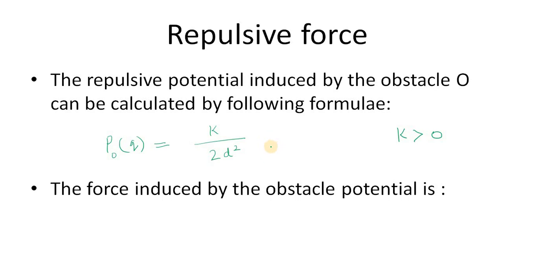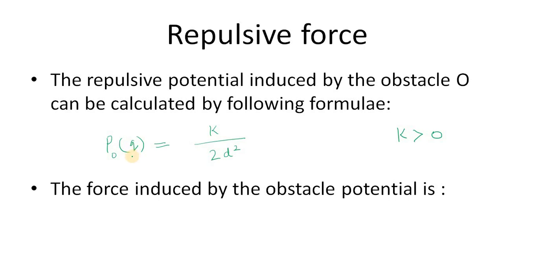And d is the distance between your present location and the obstacle. Okay, so if you have a distance to the obstacle, and also you have a scaling factor, then you can calculate your repulsive potential.